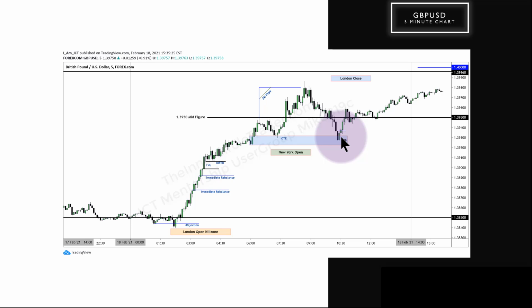Many times, if you have a higher time frame premise, where it's maybe in this case bullish, if we're looking for that lower price in dollar, and we thought that the last couple of days was just a retracement, if that is the case, then this could lead to bullishness on British pound, and you could use the London close time period to get in sync with that higher time frame trade.